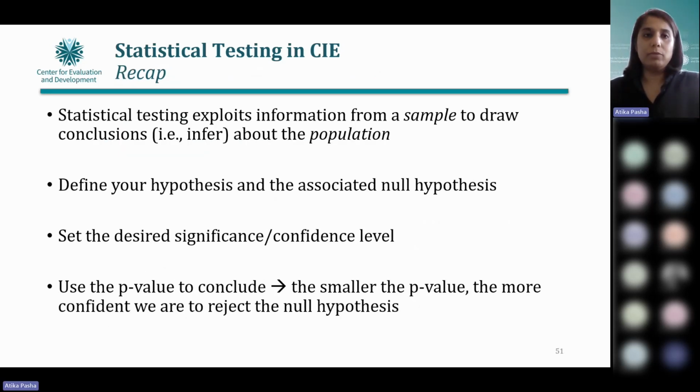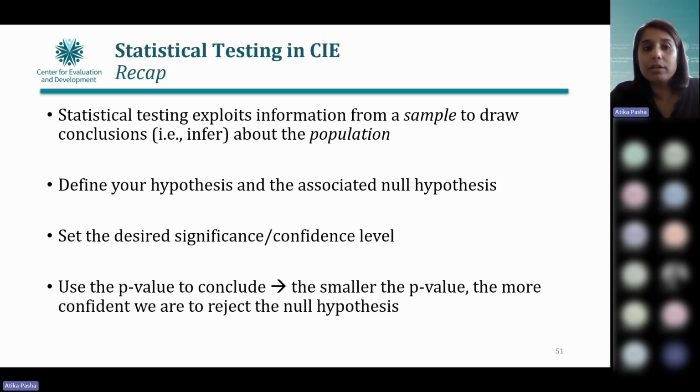Right, just a final recap on what we talked about. Statistical testing will exploit information from the sample to draw inferences about the population. We always define our hypothesis and generally the associated null hypothesis, which we try to reject through our testing.